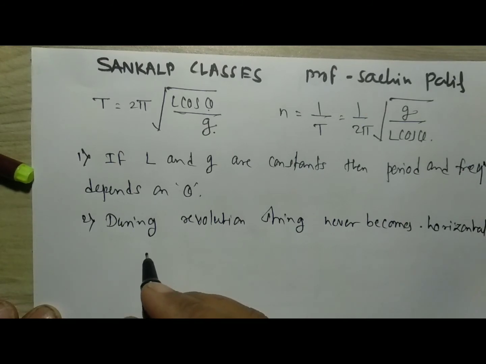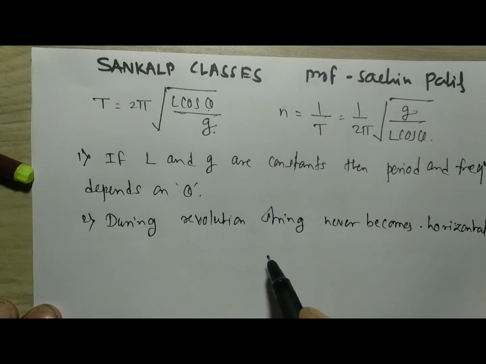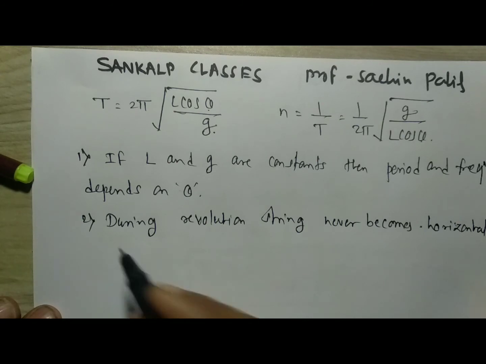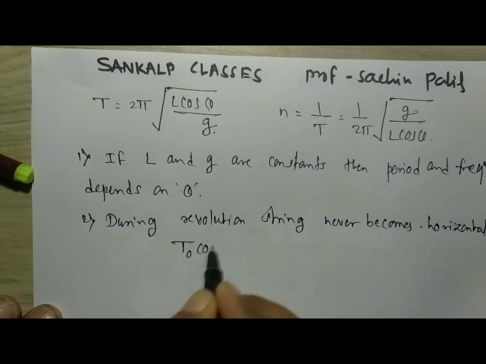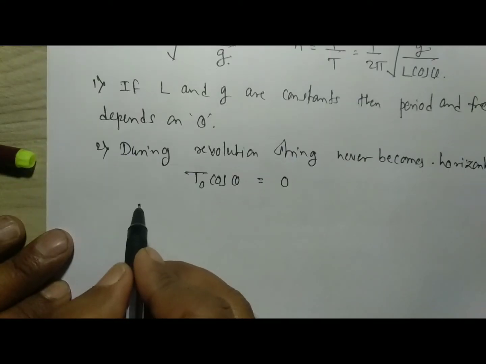If during this revolution the string becomes horizontal, at that time the vertical component of the tension in the string, which is T0 cos θ, becomes 0 when θ becomes 90 degrees. This component becomes 0, because of what we know about the conical pendulum.